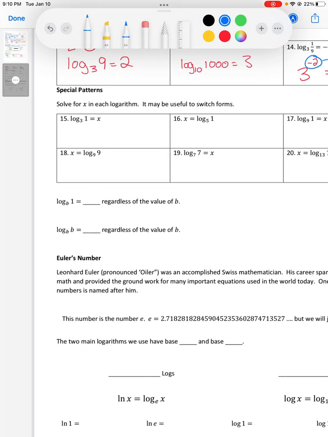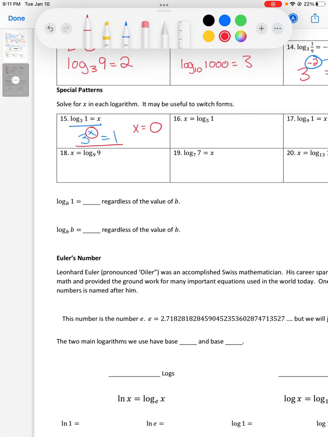So we have to use our number sense. And so to help us solve this logarithm, we're going to change it to an exponent. So what's the base of the exponent on 15? Well, the base of the exponent is 3. So my exponent is x, and it equals 1. So using this exponent, what does x got to equal? Well, x needs to equal 0.